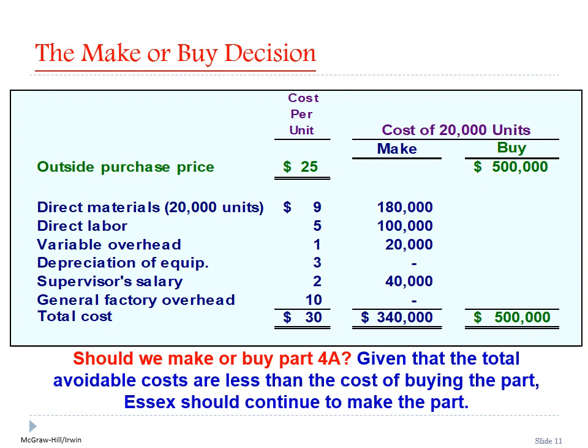To answer the question, should we make or buy part 4A, according to the information, and given that the total available costs are less than the cost of buying the part, so this company should continue to make the part.